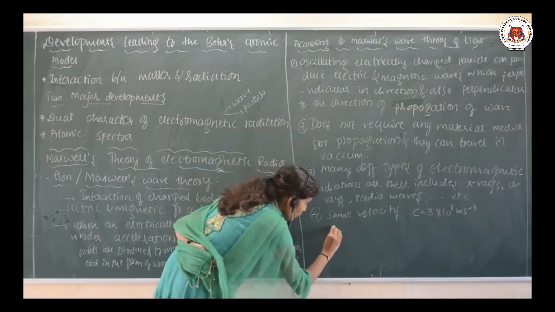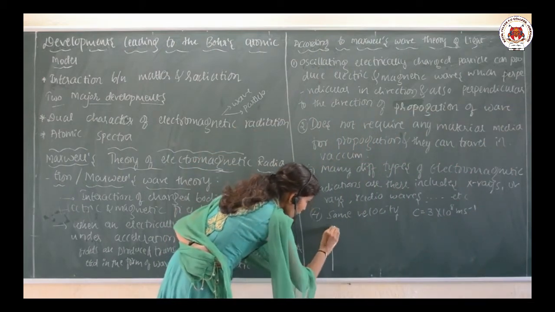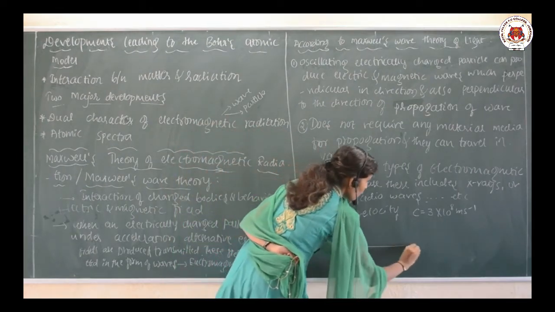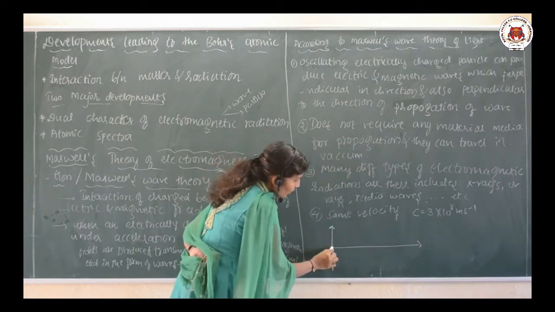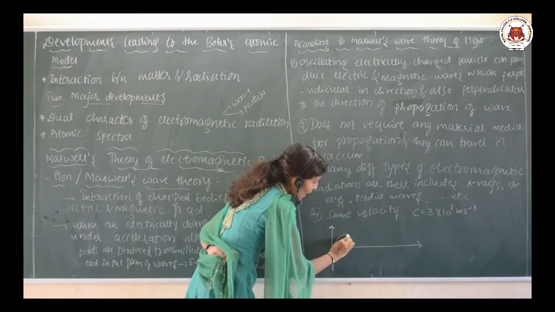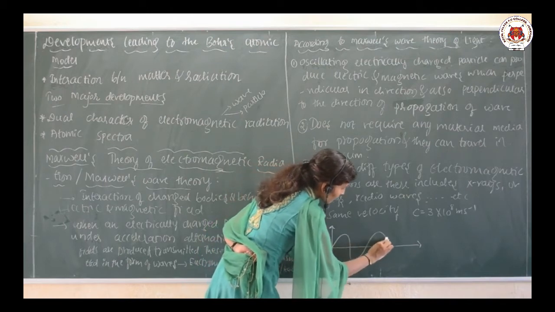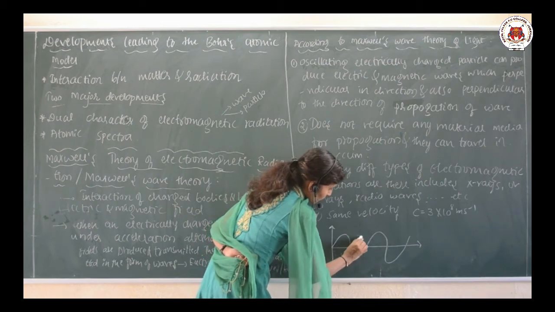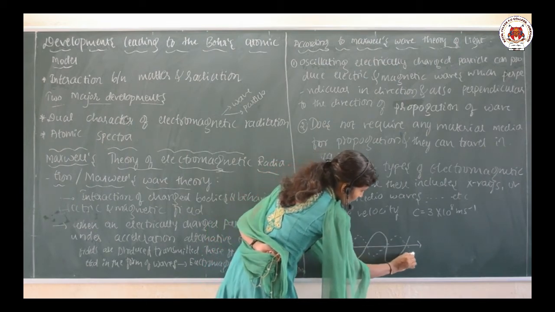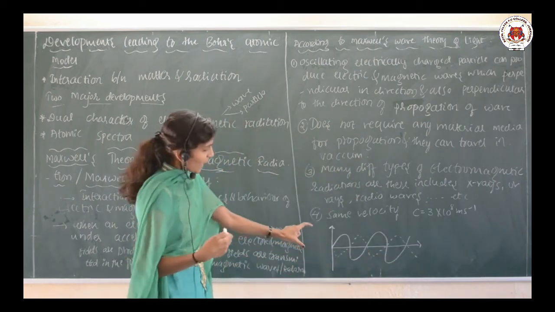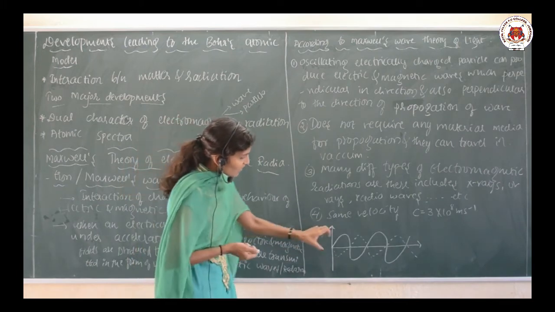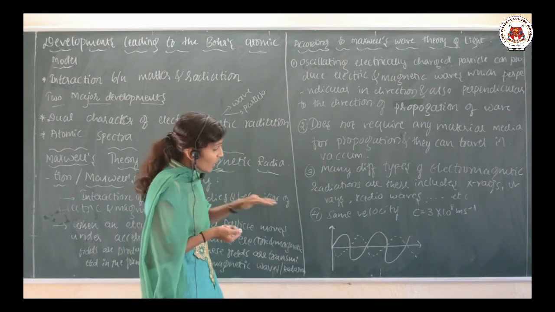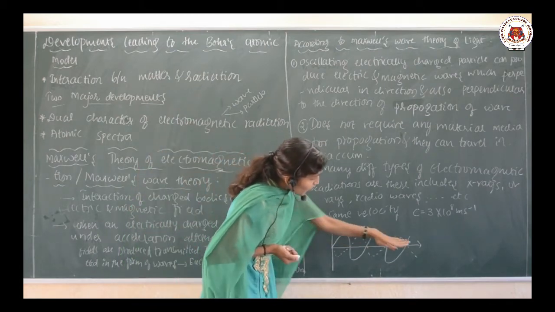Suppose any one charged particle is oscillating. It can produce electric and magnetic waves like this. These electric and magnetic waves are perpendicular to each other. Even these are perpendicular to the direction of propagation of the wave.